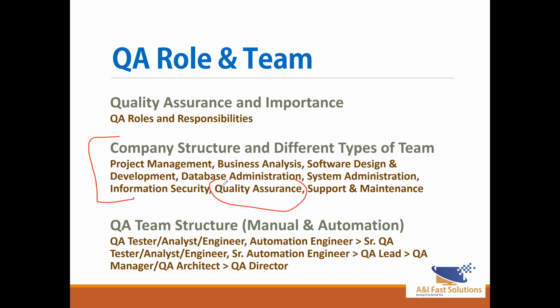Quality assurance is the department we are going to focus on to get into a QA job. Other than that, they have the developers, database admins, system admins, IT security, the support and maintenance team, and the project management team. There are a lot of teams involved, but our focus is to be here.